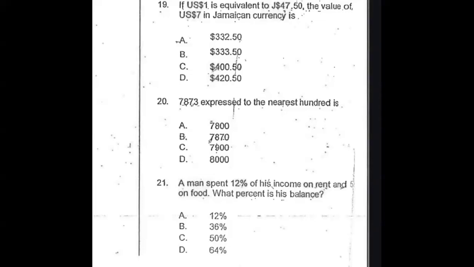All right, 12% of his income is on rent. Is it... no, this doesn't make sense. Is that 5 or 50? What percent is his balance?